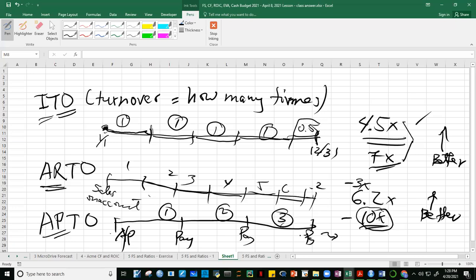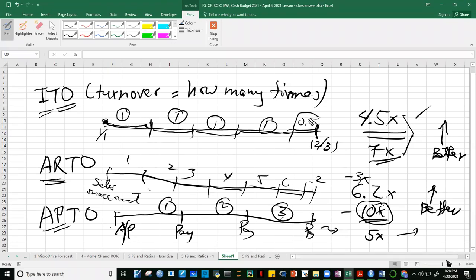On the other hand, this APTO, guys, say this one is 5 times, as compared to a company whose APTO is, let's say, 2.5 or 3.2 times. So strictly speaking, guys, which is better here? The APTO of 5 times or the APTO of 3.2 times? Sa tingin nyo?